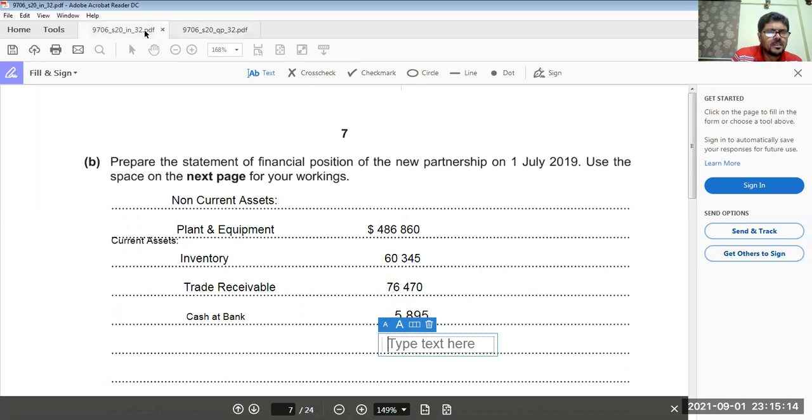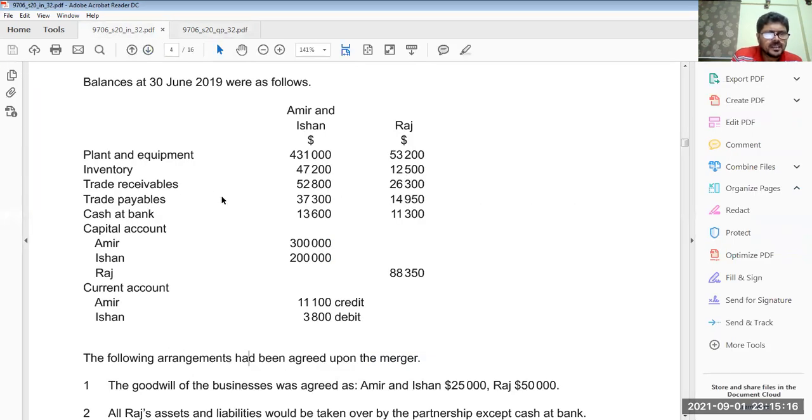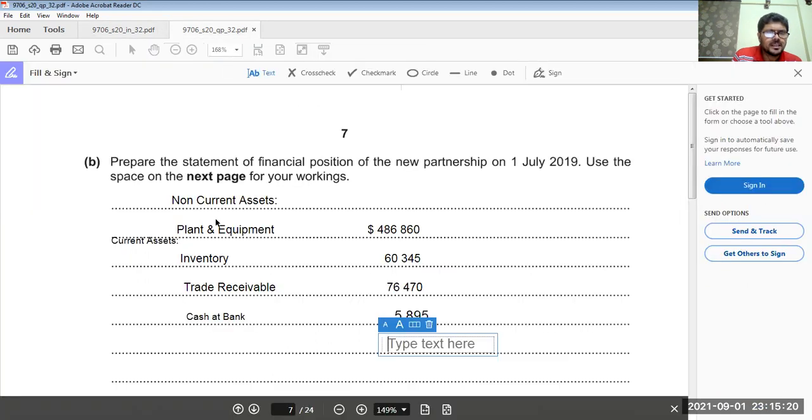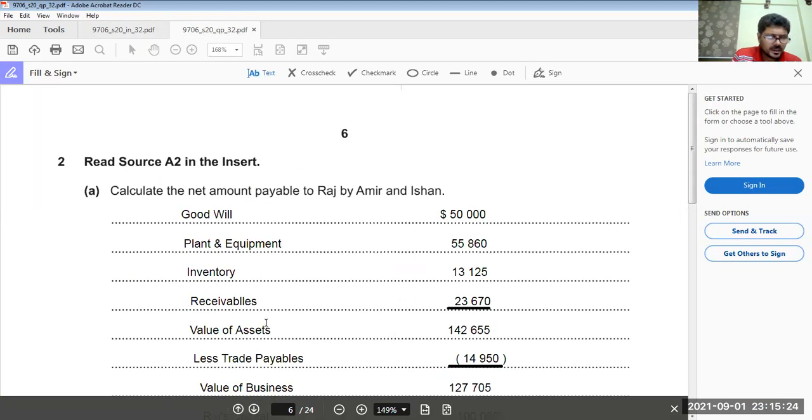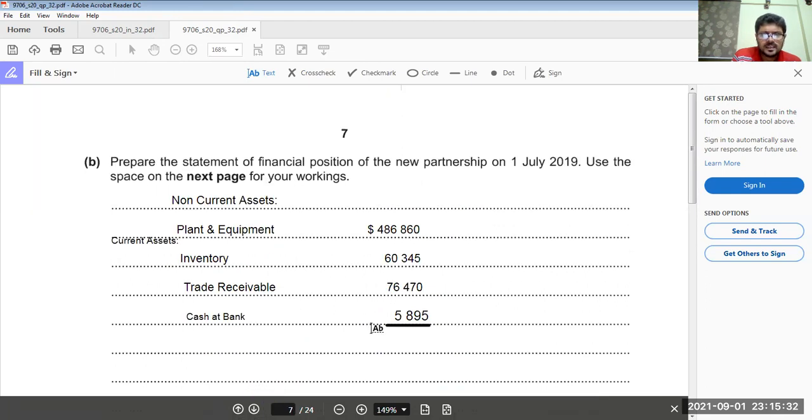I made a mistake in the amount of payment. So 60,325. Okay.